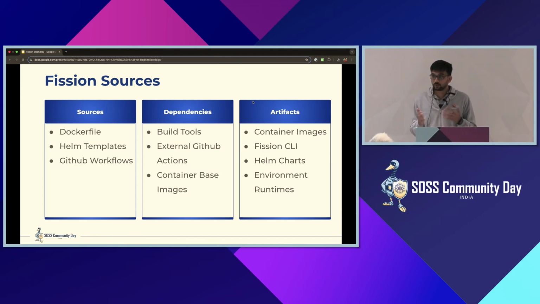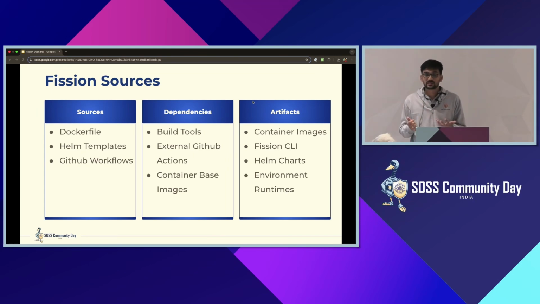So if you are an open source project, you can map what all things you are using and then try to reduce the attack surface on those areas. And in terms of artifacts, we deliver around 8 to 9 container images to our users. Then we have the Fission CLI, which our users use to interact with Fission.